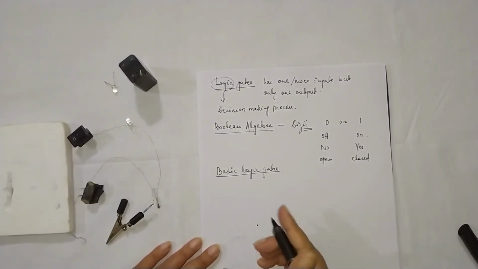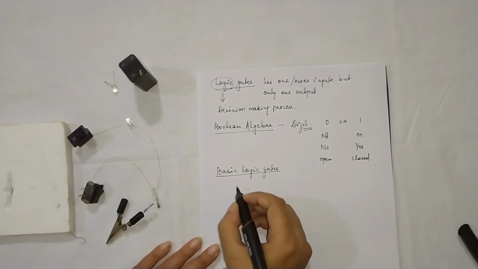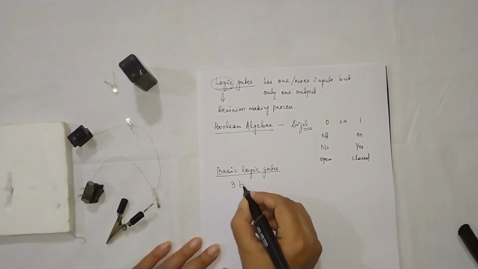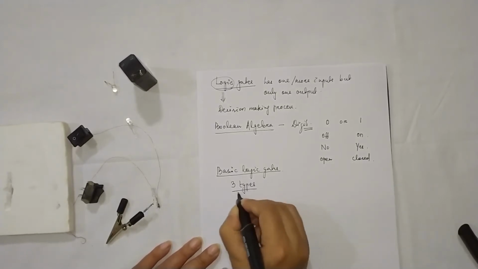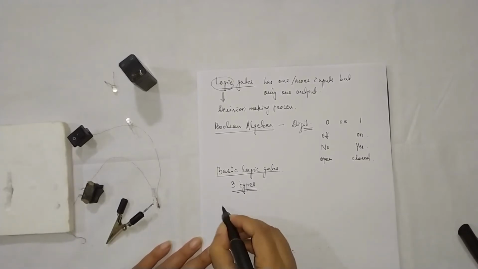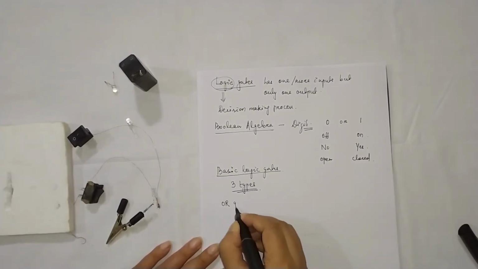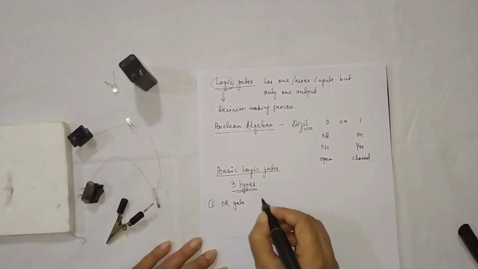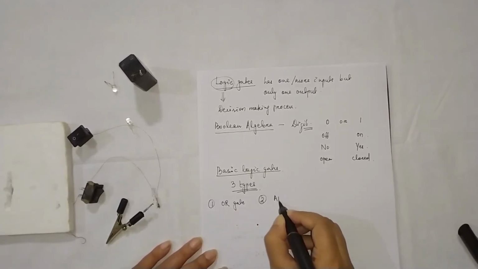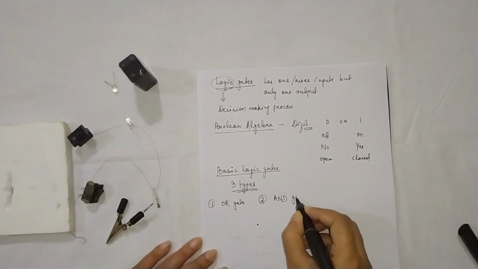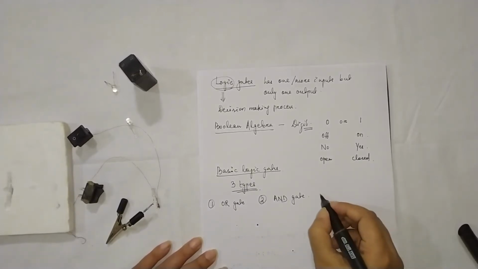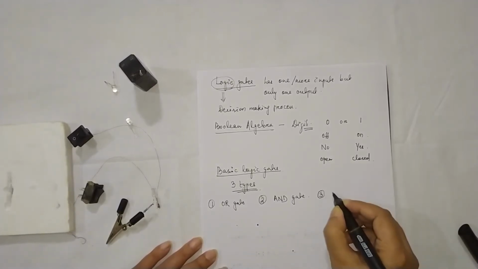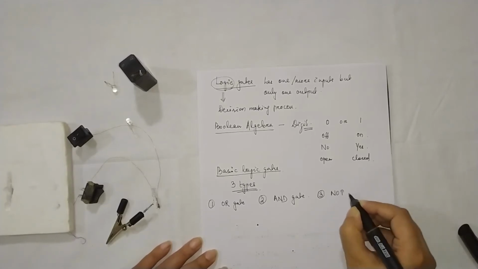We have three basic logic gates. The first one is the OR gate. The second one is the AND gate. And the third one is the NOT gate.